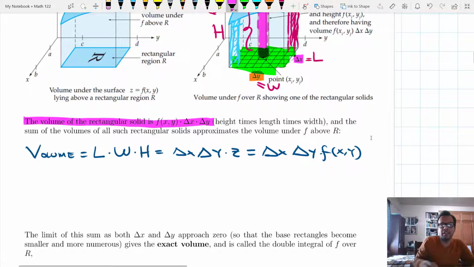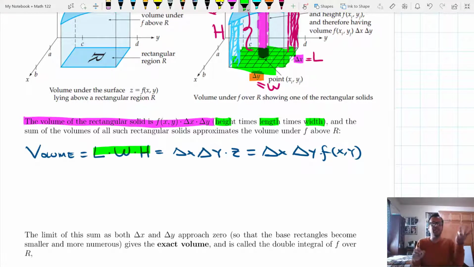right? In the text, the book where I got these notes from, they wrote the height first, then the length, and then the width. But originally we go with the idea length times width times height. But again, this is multiplication, order doesn't matter.